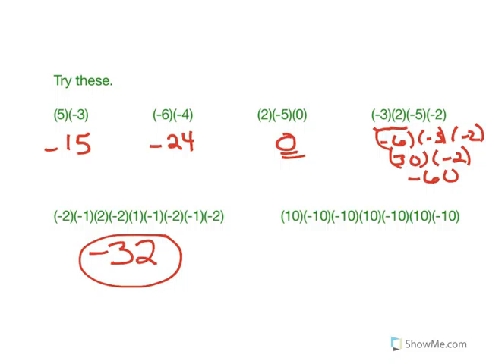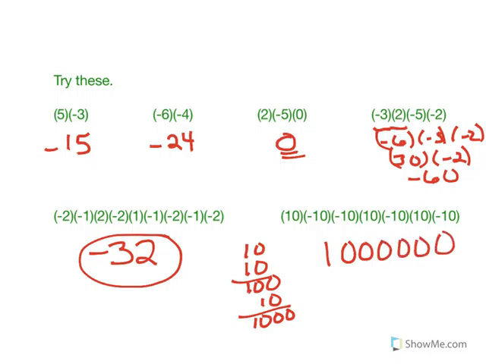Now here, 10 times 10 is 100. And 100 times 10 is 1,000. So we're going to have 1 with a whole bunch of zeros. We're going to have 1, 2, 3, 4, 5, 6, 7 zeros. Oops.